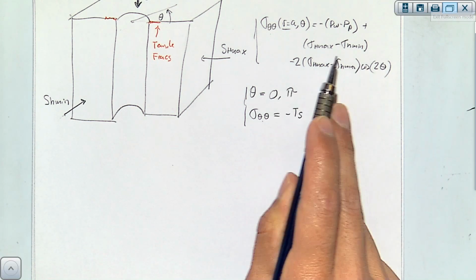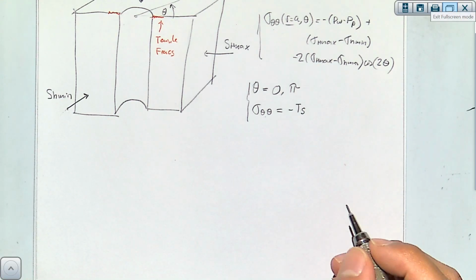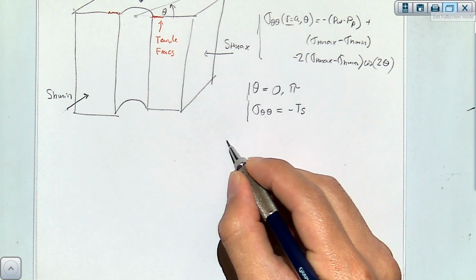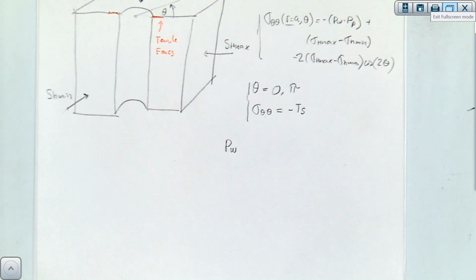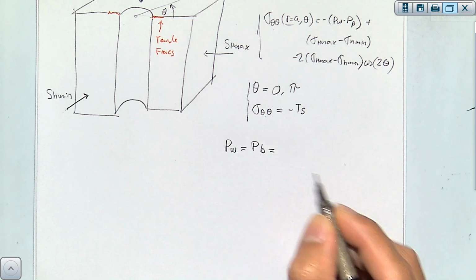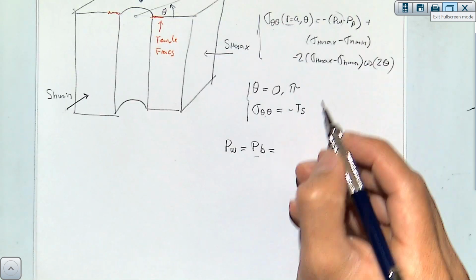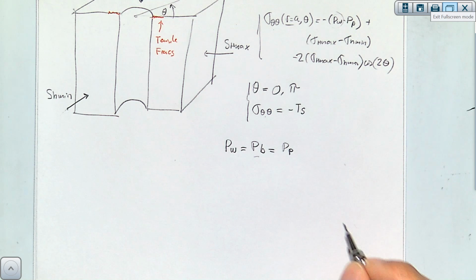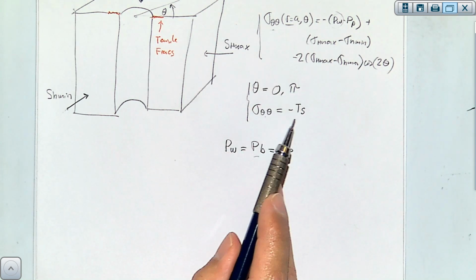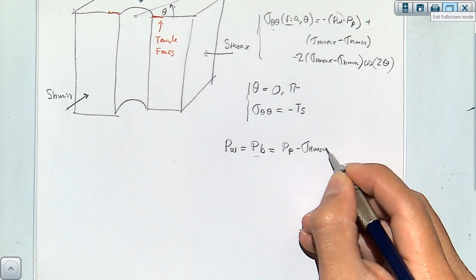So we just have to add this term, and when I put all of this equation as a function of PW, this is going to be something like this. PW, I just get it out of here. I'm going to call that pressure, and I move the pore pressure to the other side together with this value, which is now the tensile strength, and I'm going to get this equation.